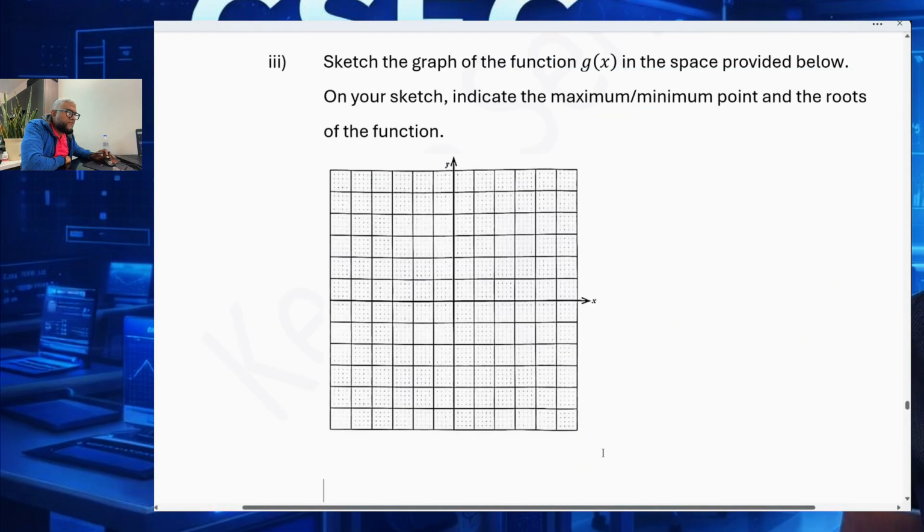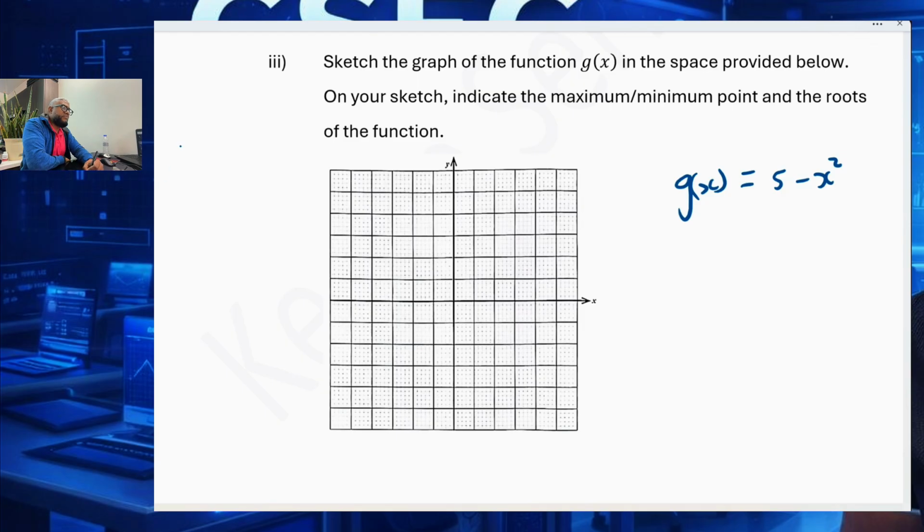So sketch the graph of the function g of x in the space provided. g of x was equal to 5 minus x squared. On your sketch, indicate the maximum or minimum point and the roots of the function. The roots will be the values of x where the curve cuts the x-axis.